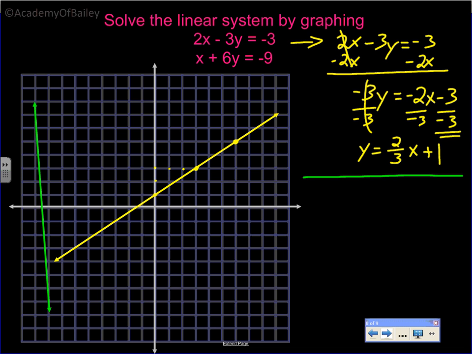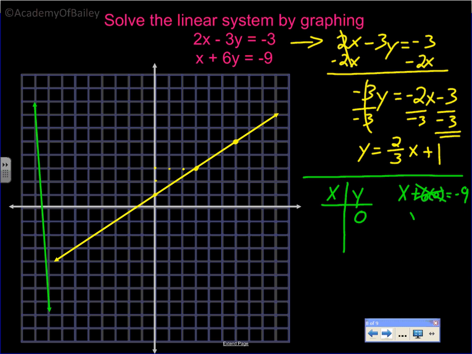We can do a couple different things. We can make an xy table. Let's go ahead and do that. Let's go ahead and find the x-intercept. So that's letting y equal 0. So x plus 6 times 0 is equal to negative 9. And I did that because I know that 6 times 0 is 0.